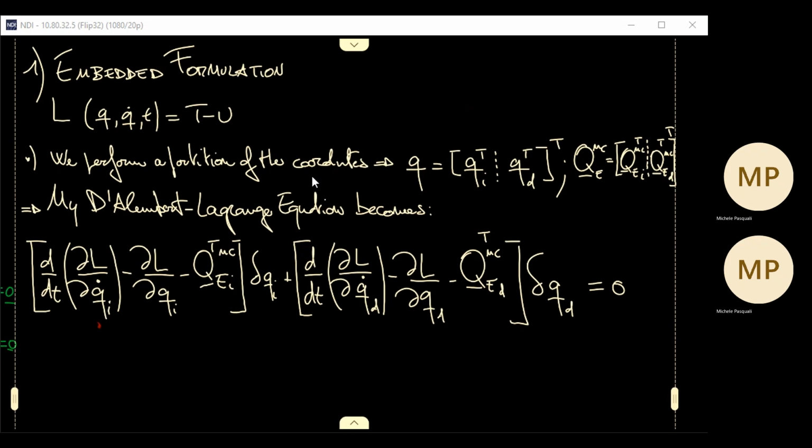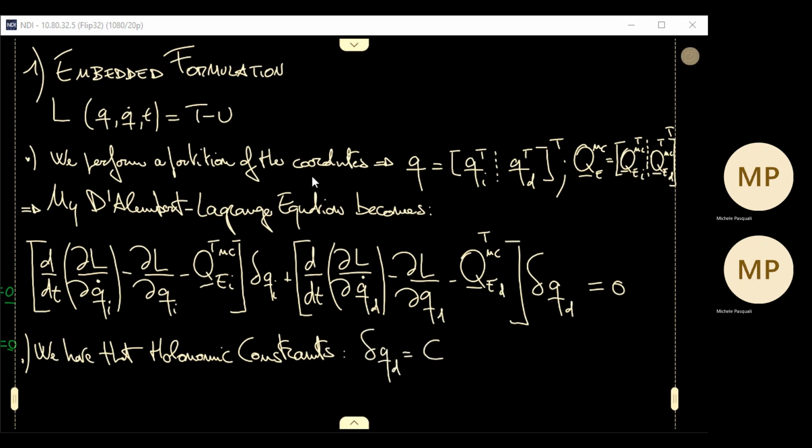Now, oops, we have that for holonomic constraints, and here, remember that we are dealing with holonomic constraints, delta QD is equal to C Q di delta Qi.